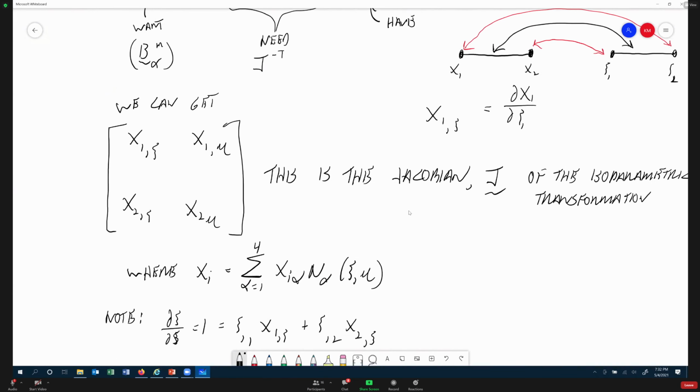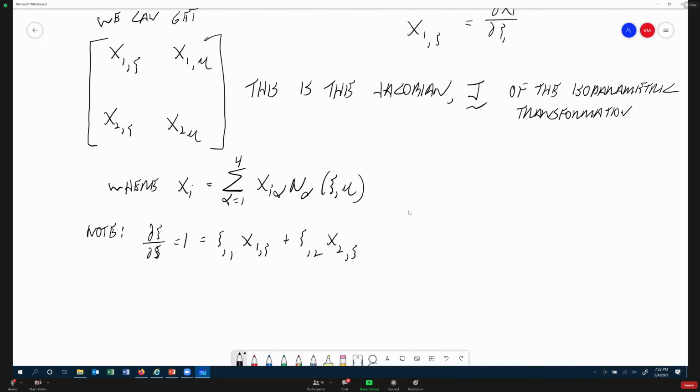because the partial of c with regards to c is equal to 1, and that is equal to this c comma 1. So c comma 1 is equal to 1.